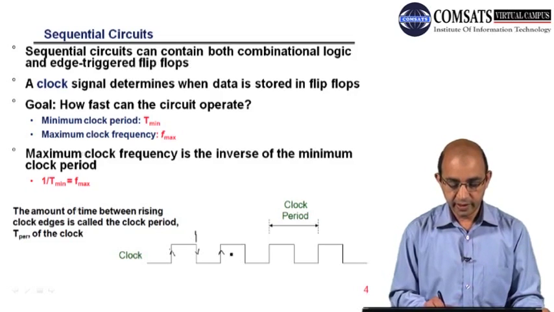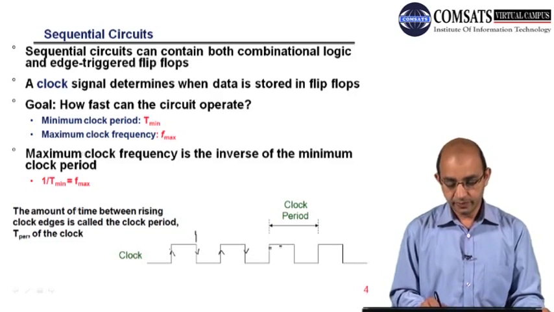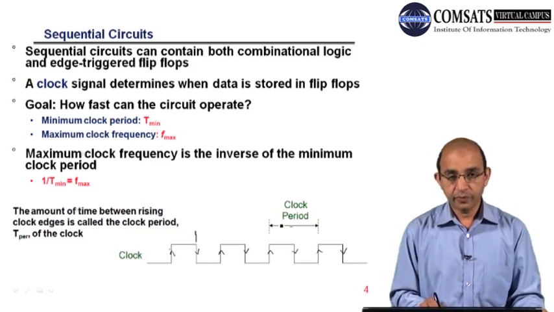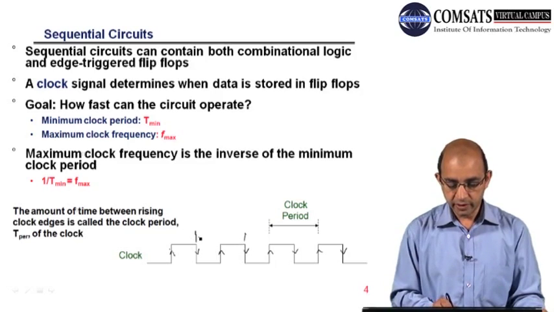Here again we have a rising edge and a falling edge. So here we have measured the clock period by taking into account rising edges, but we can also do so by taking into account falling edges. So this will be the time between two falling edges, and we can say that this is the T minimum.